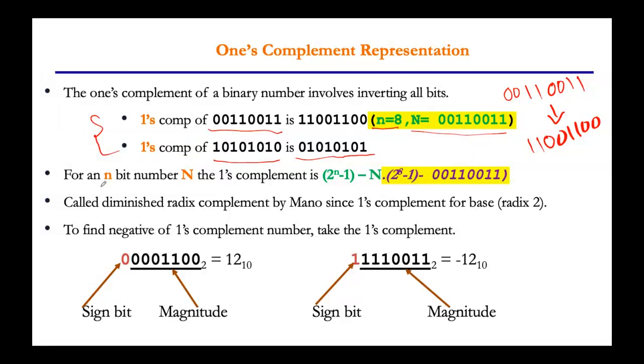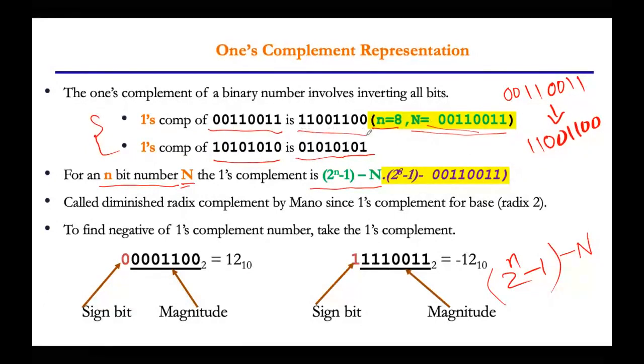So for an n-bit number, the ones complement is given by the formula 2 to the power of n, minus 1, minus the given number. In this example, it is 2 to the power of 8 minus 1 minus the given number, which gives the result.